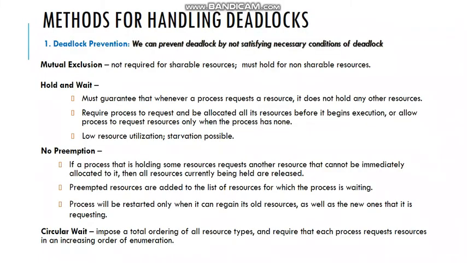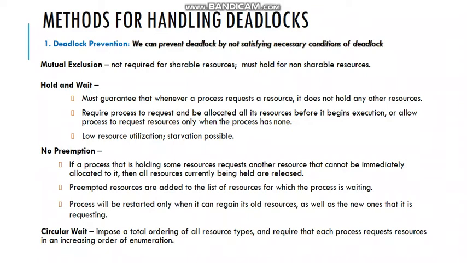So deadlock prevention. In this case, the deadlock occurs whenever these four cases are satisfied simultaneously in any system model, what we have discussed in the previous session.